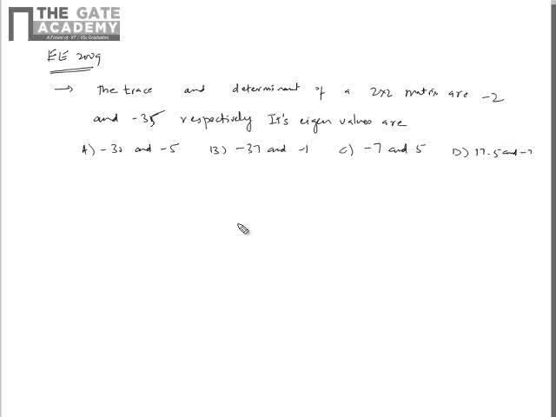17.5 and -2. We know from the properties of eigenvalues we studied that if it's a 2 by 2 matrix, it will have two eigenvalues. So let them be lambda 1 and lambda 2. Now the sum of the eigenvalues is the sum of the diagonal terms, which is called the trace, which is -2. The product of the eigenvalues is the determinant. So these are two important properties.